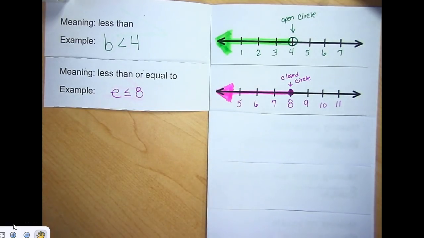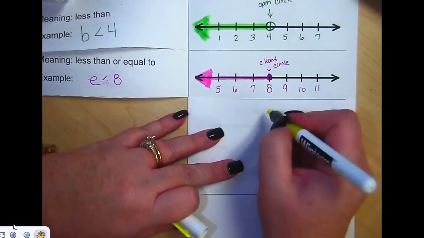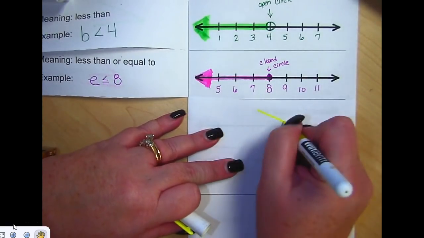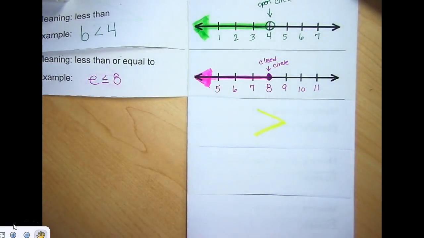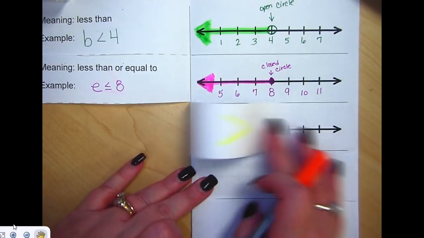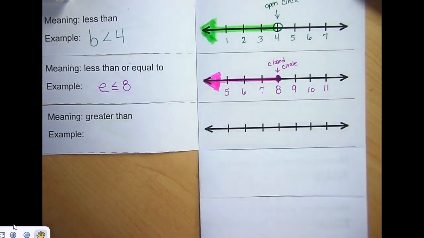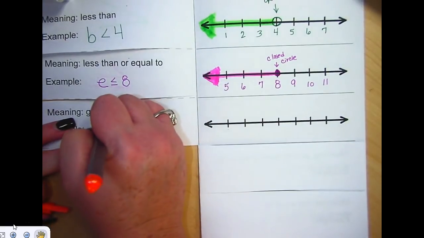All right. The next one that we are going to do is greater than. You need a greater than sign. And the example we're going to use is A is greater than 5.